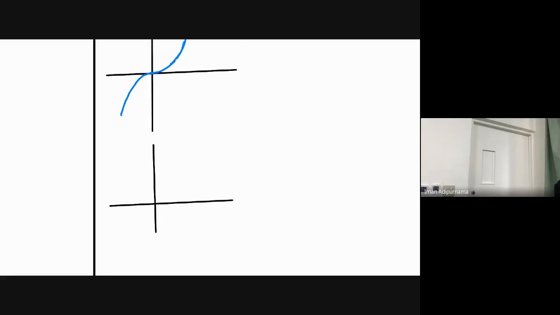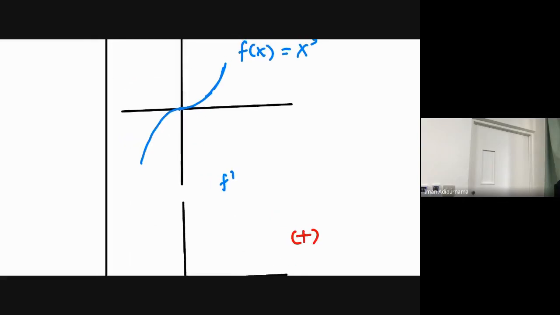So if this is f prime, always notice that the part above the x-axis is marked as positive, and the part below is marked as negative. Then we see from the original function that this gradient is going up. It's positive, it's increasing, then at this point it's 0, and then it keeps increasing, right?